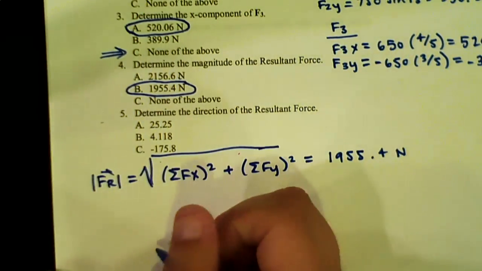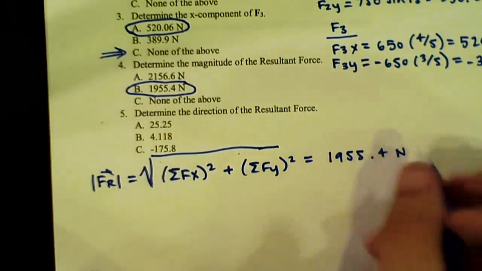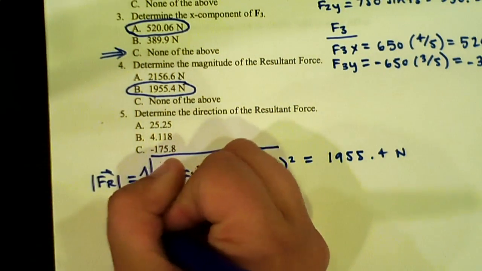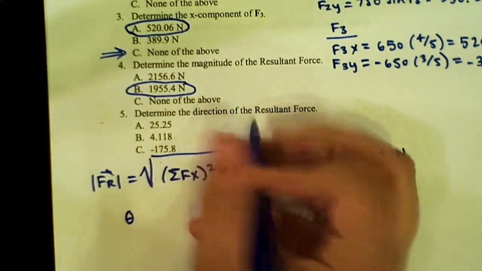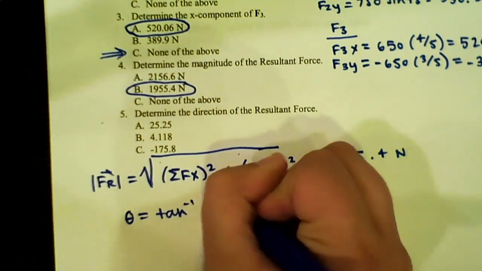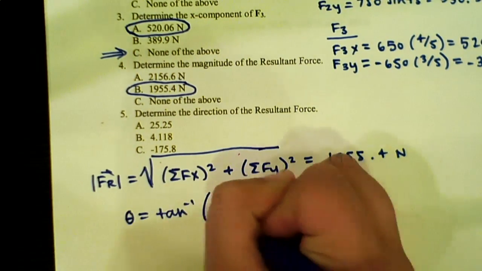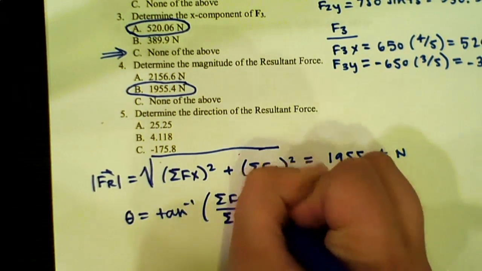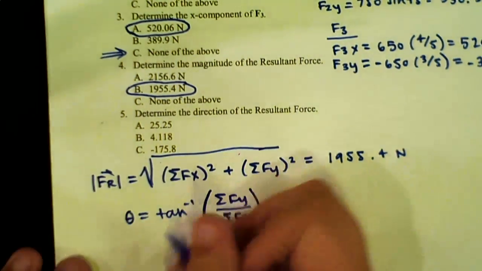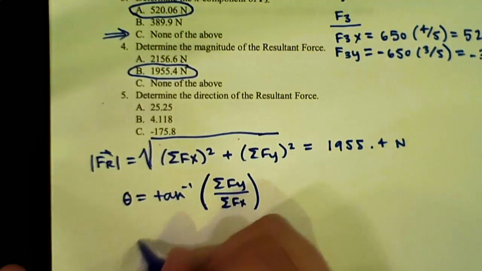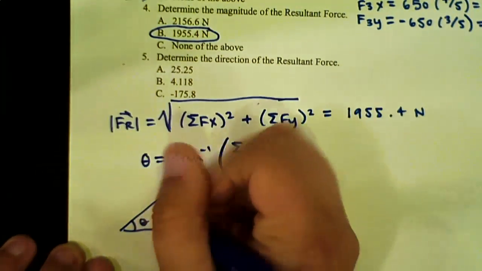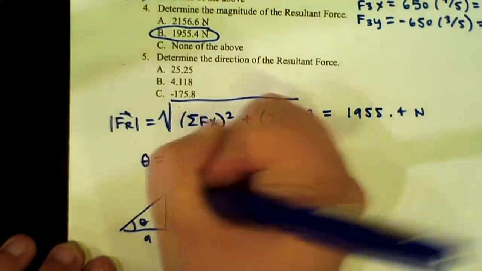And now in order to find the direction of the resultant force, I just kind of had this memorized in my head, but theta is equal to the tan inverse of the sum of the forces in the y over the sum of the forces in the x. It's just been drilled into me. Another way you can think about it is if there's a triangle, you have theta here, you have adjacent, opposite, and hypotenuse.